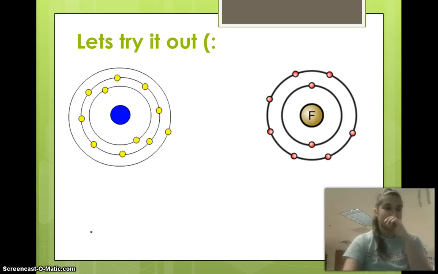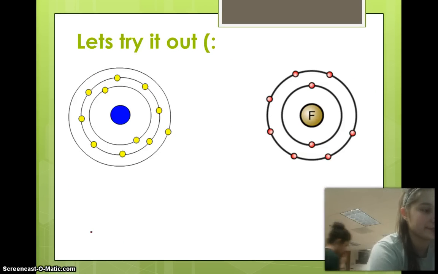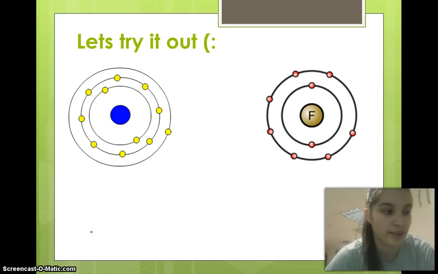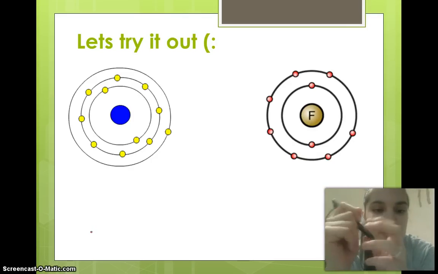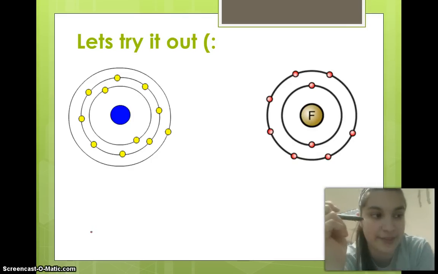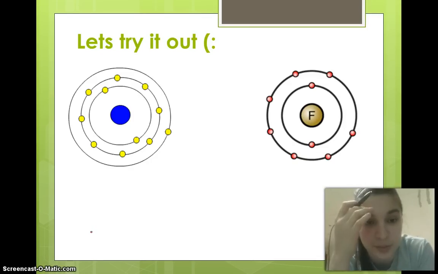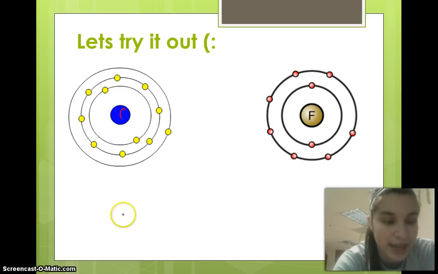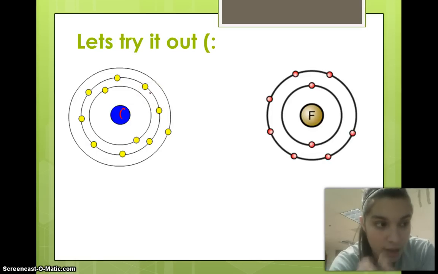All right, so let's try this out. Let's see what happens to the radius of an atom when it loses or gains an electron. For example, right here, we have sodium, and it has one valence electron in its outer shell.